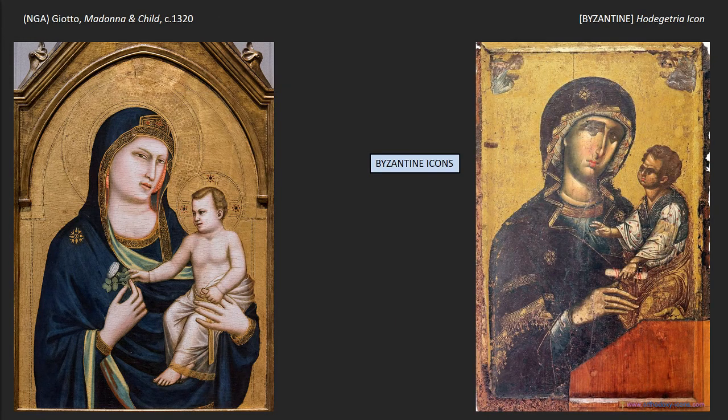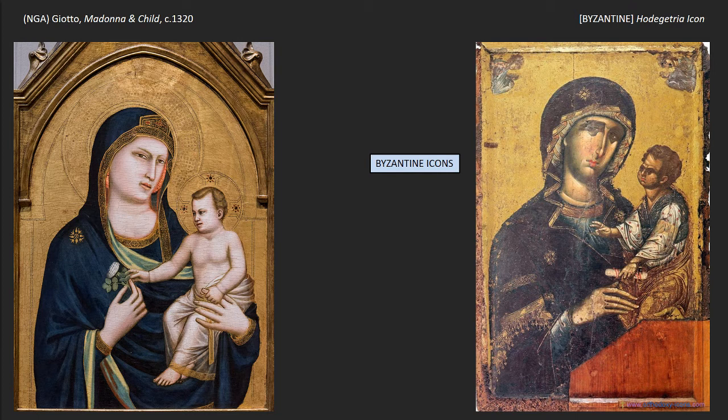He's also choosing it because there is a long-standing tradition of images in half-length of the Madonna and Child being used as focuses for prayer, inspirations for the faithful. And these were produced en masse in Byzantium, the Byzantine Empire, which we'll have a map of coming up in just a second.